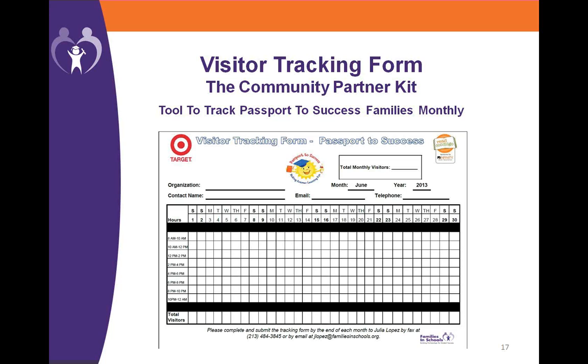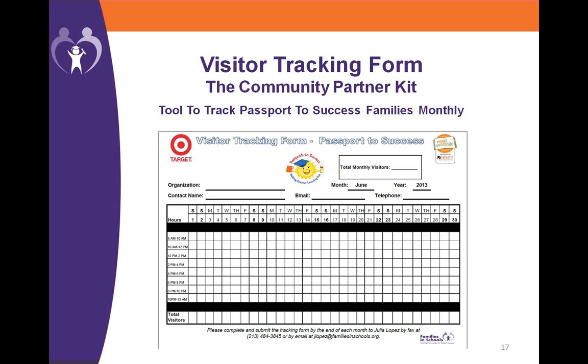We're asking each of you to take some time, assign somebody, obviously, to track the number of visitors that are coming each day. We have dates for each month, so in your kit, you will receive a visitor tracking form for June, one for July, and one for August. We're listing the dates for each month, and also some time slots.